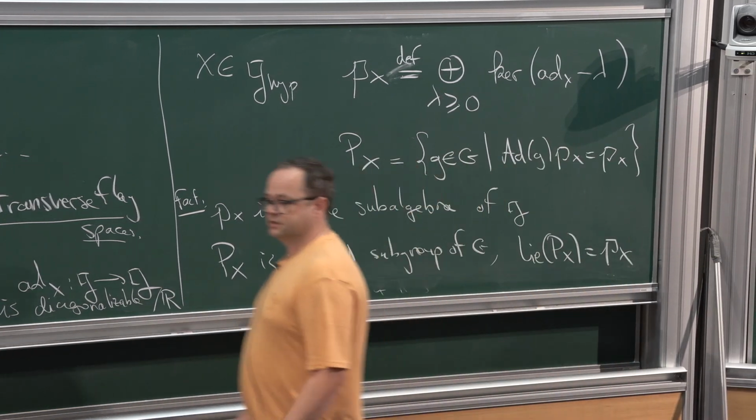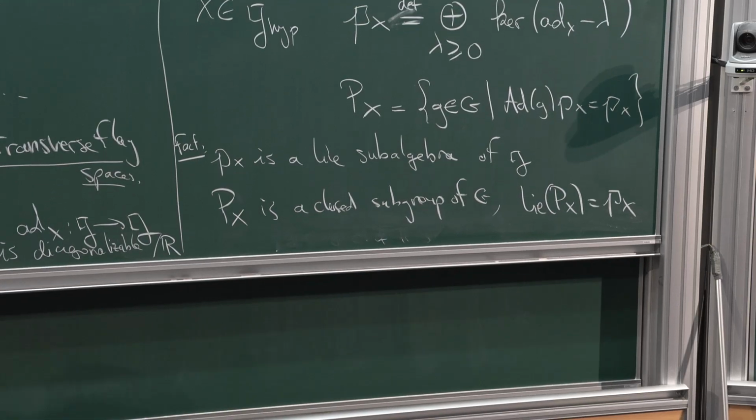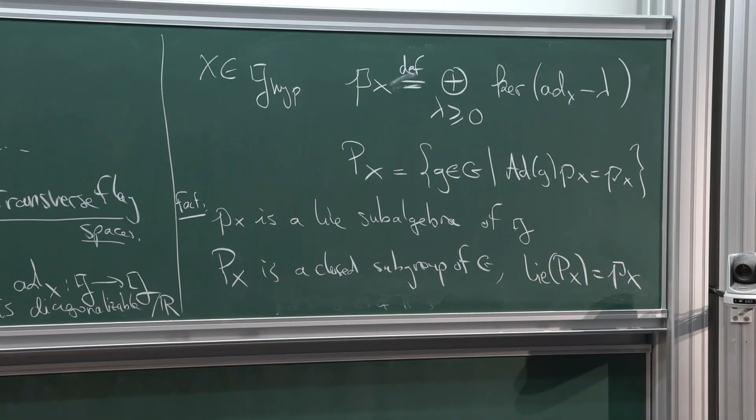And it's simply the fact that this Lie algebra P_x has the property of being its own normalizer in the Lie algebra G.